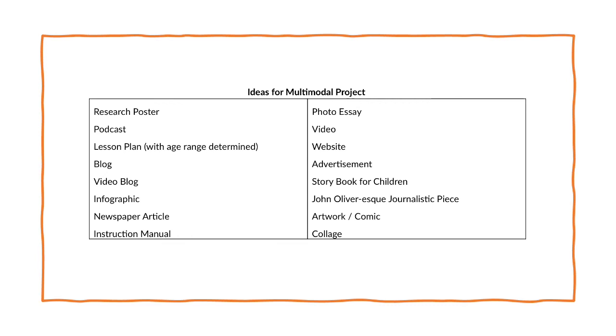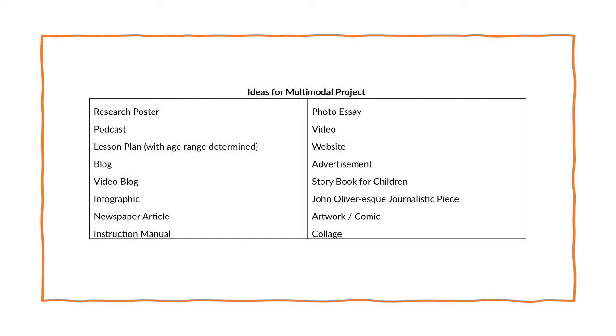And here are just a few examples of things you might choose from: a big research poster, a podcast, a lesson plan, something you want to teach maybe to elementary or middle school or high school, a blog post, a video blog, infographic, newspaper article, instruction manual, photo essay, a video, a website, advertisement, storybook.